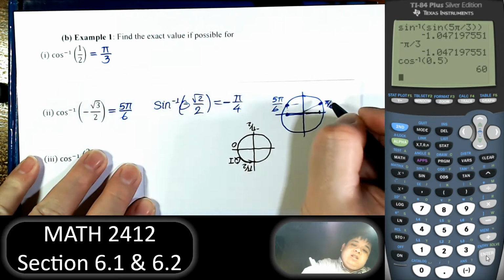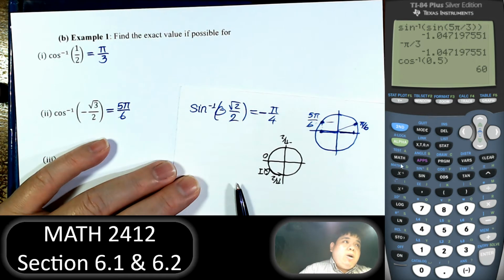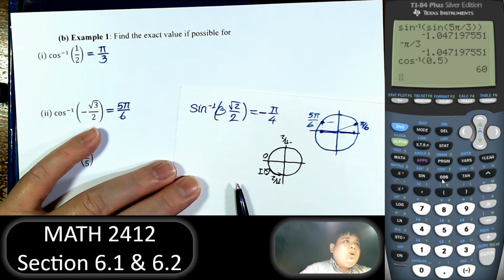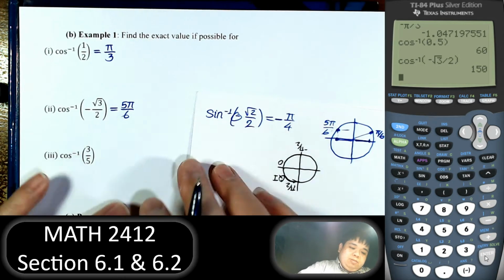The cosine inverse has to be between quadrant 1 and 2, between 0 and pi. So cosine inverse of negative square root of 3 over 2 is 150 degrees, which is 5 pi over 6.